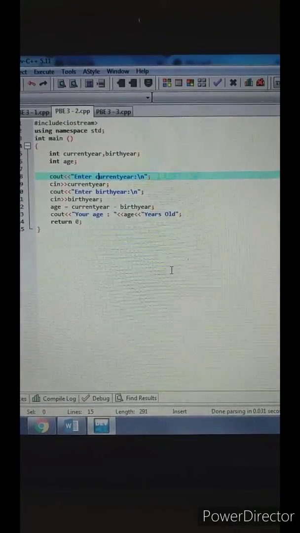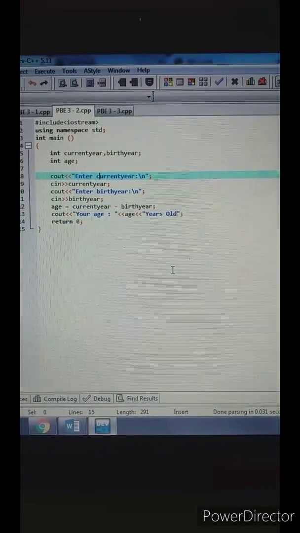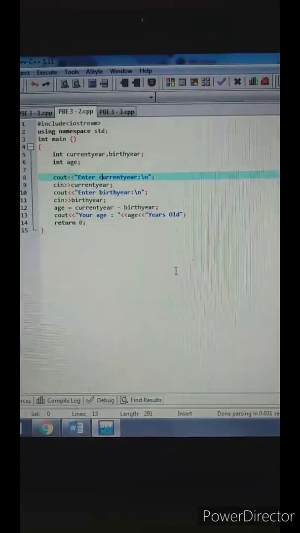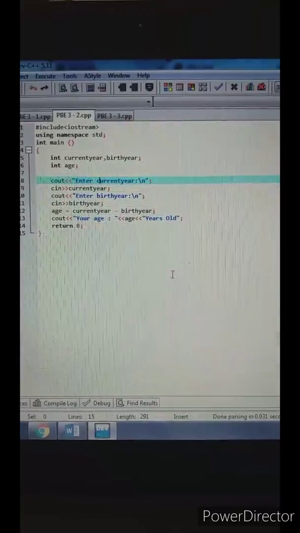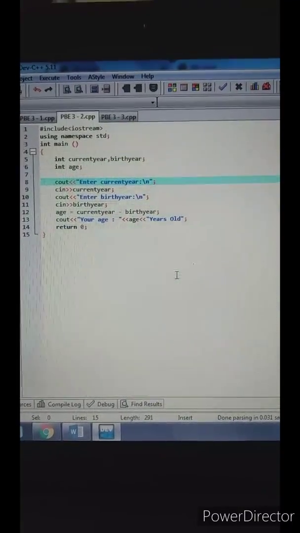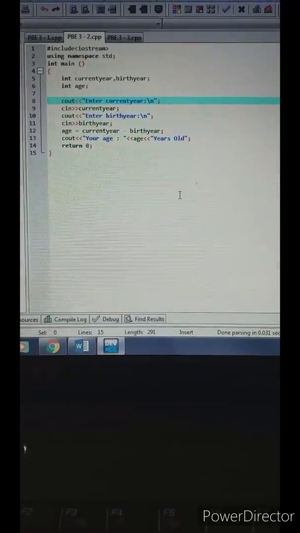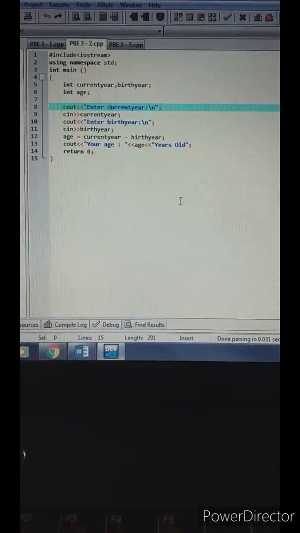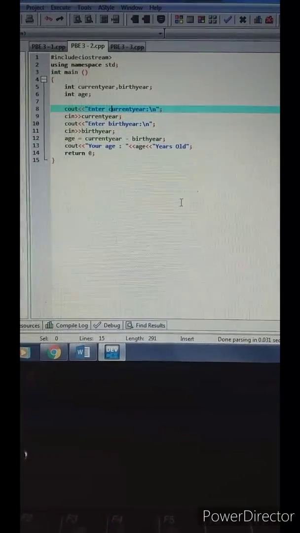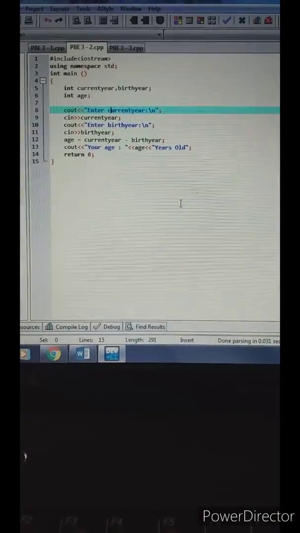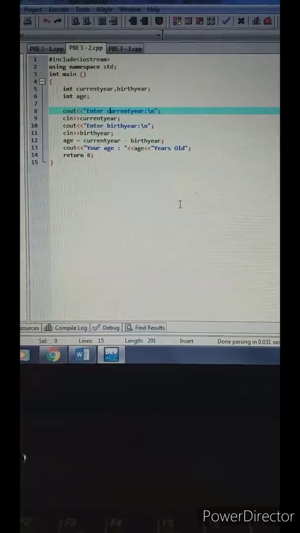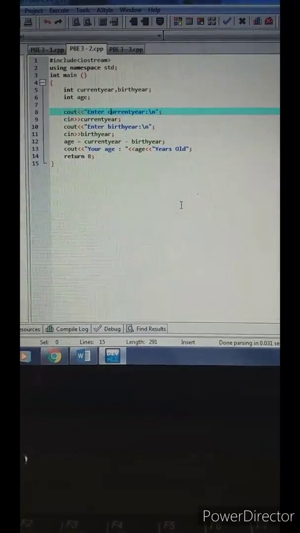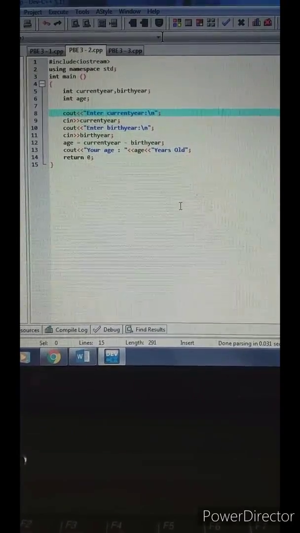So cin will be current year, and then the next will be cout enter the birth year, and then again cin, and then the age will be current year minus birth year, and then cout will be our age, which means how old we are now.